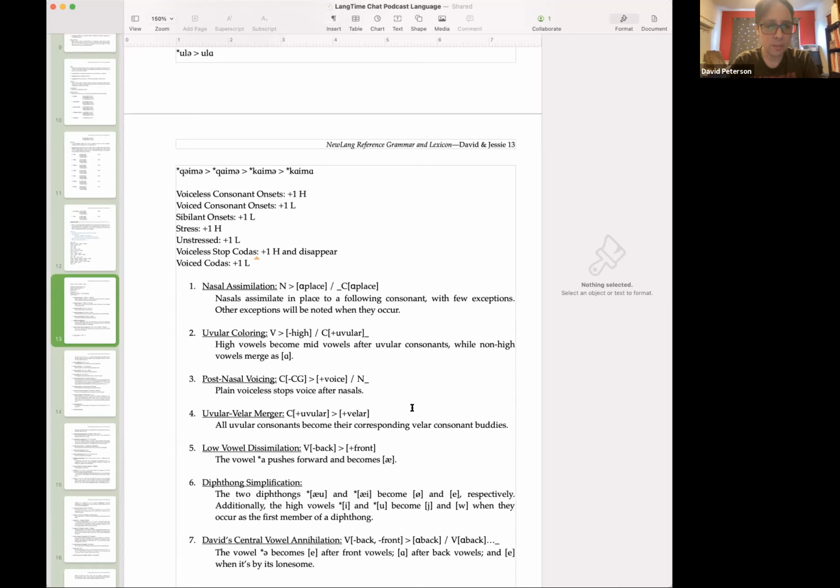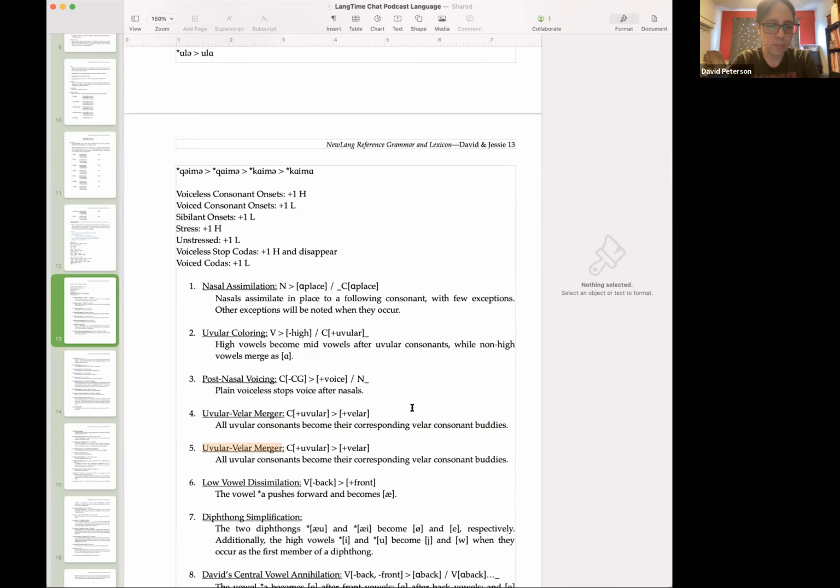Okay, so then let's, oh, they're corresponding velar consonant buddies. That's cute. We're just going to simplify this and call this tonogenesis. E goes to plus tone. So the vowel gets tone. Yes.